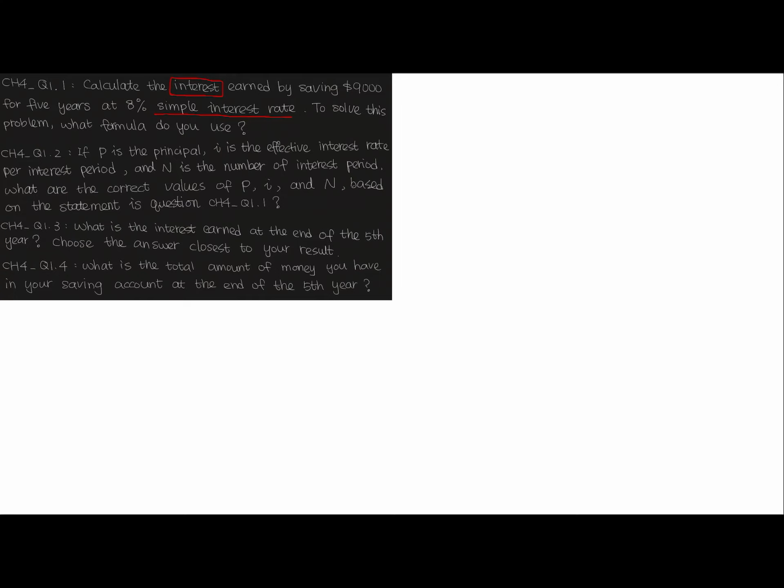It's always based on your principal. To solve this problem, what formula do you want to use? The simple interest formula we introduced in class, it's very easy. I equals P times N times I. P is your principal, N is the number of interest periods, and I is your interest per period.